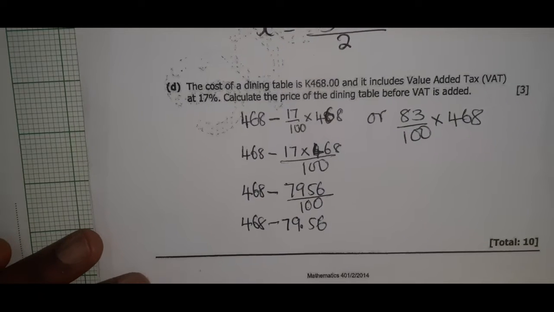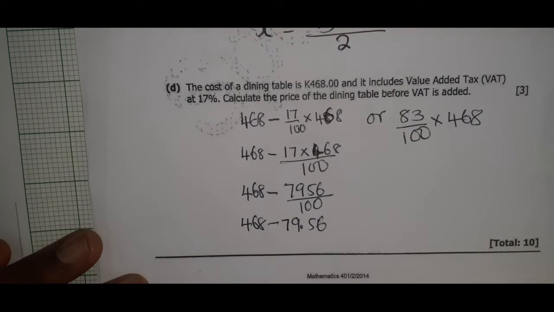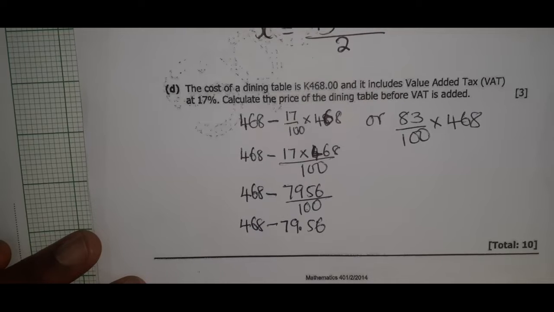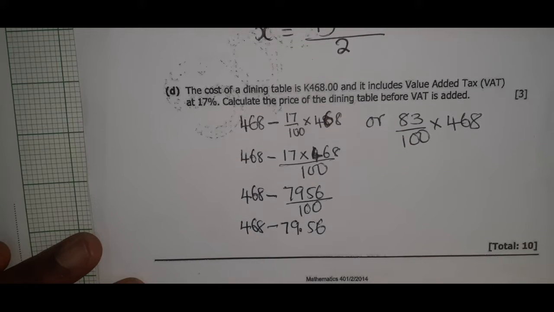Then at this point, you subtract here. What do you get? Let's try to subtract 468 minus 79.56. Let's try.